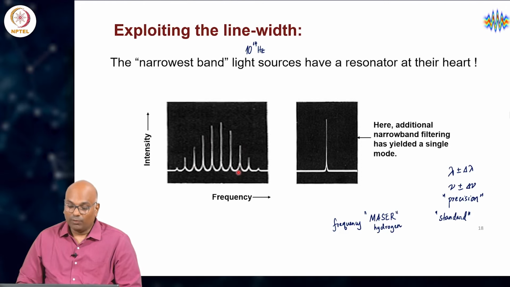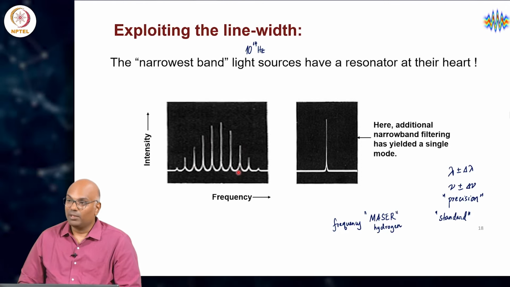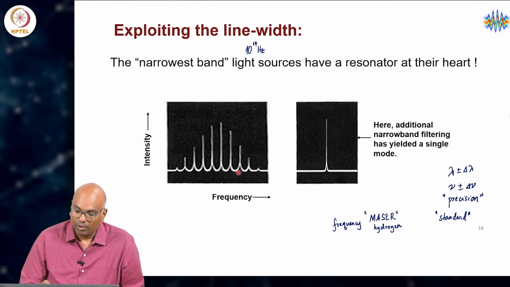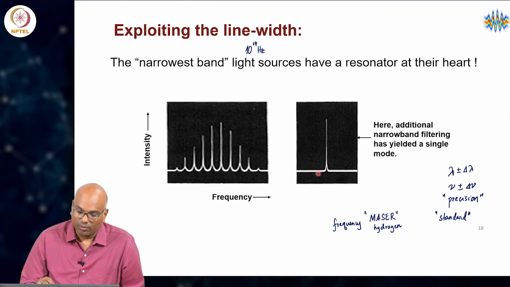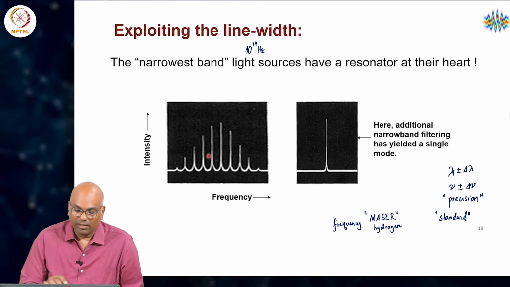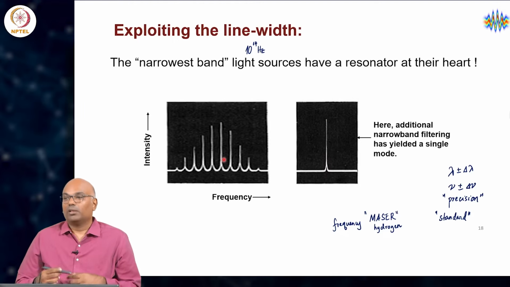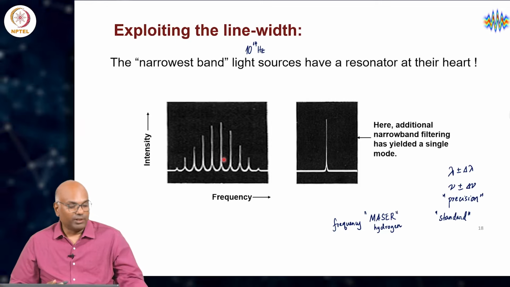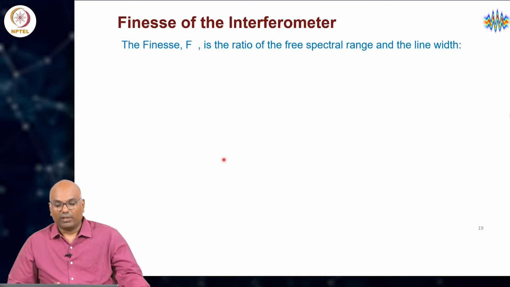So, if you want to maintain a much narrower definition of frequency, you want to somehow filter out one of these modes, okay, and have the resonator emit only that out of it. So, you need some additional effort in engineering such a device, right.